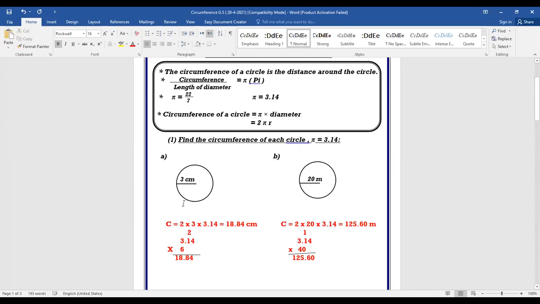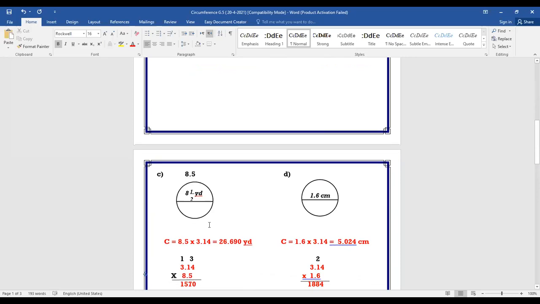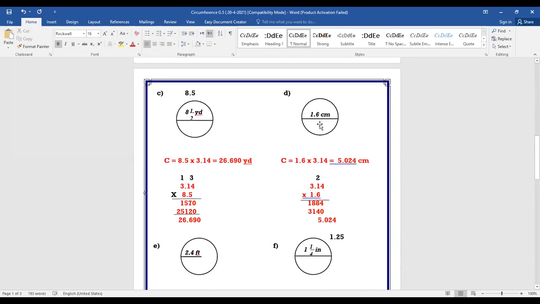If you have the diameter, we multiply the length of the diameter by 3.14 only.